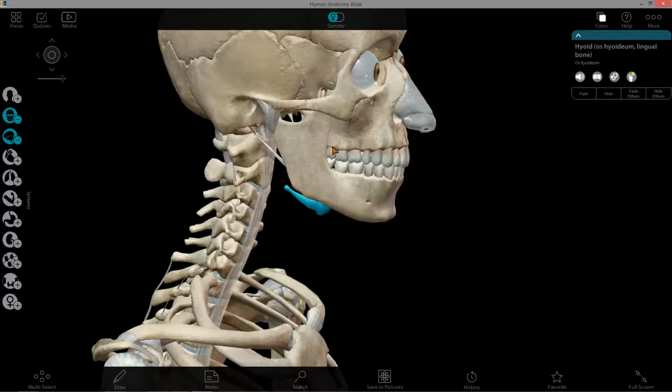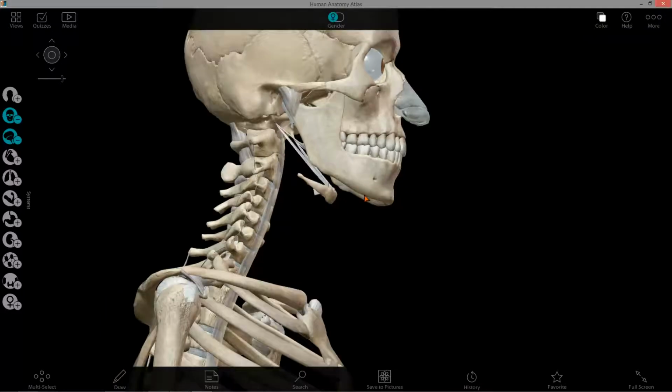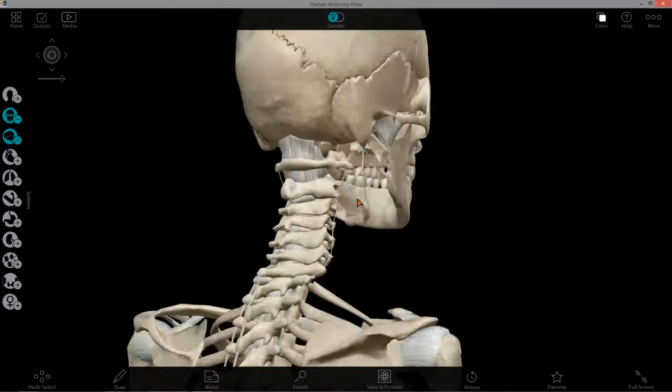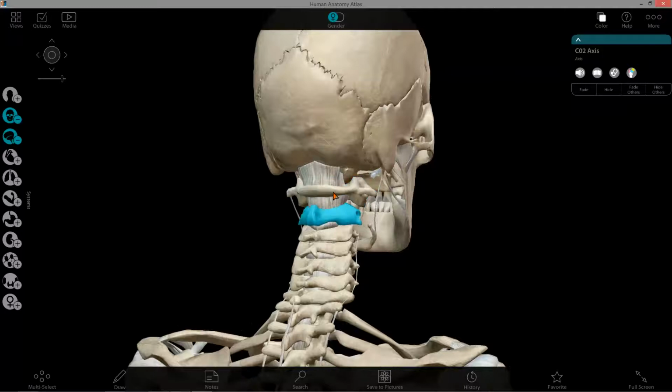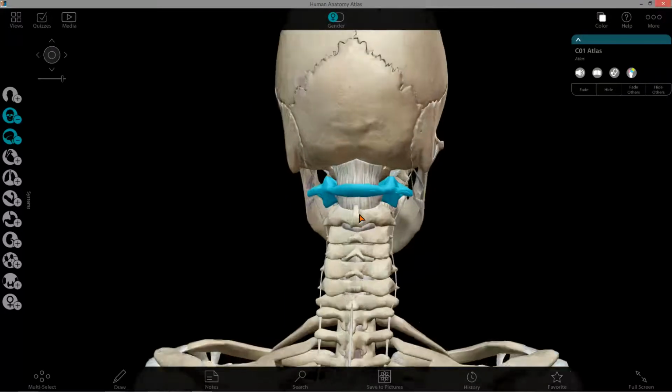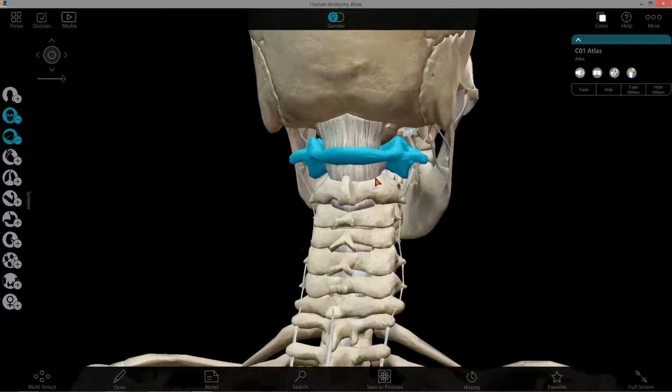We also have the hyoid, which is going to be a very important landmark for the rest of the lab. It doesn't have any bony articulations. I've already shown you the occipital protuberance, but what I did want to show you inferior to that is the atlas and the axis, because these two vertebrae don't look like any other vertebrae in the whole spinal column. They're kind of unique.